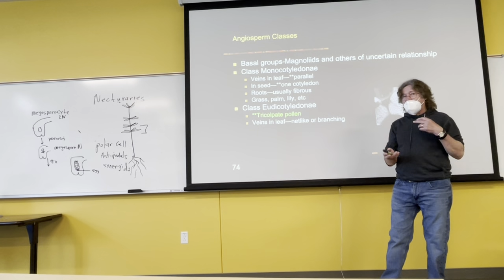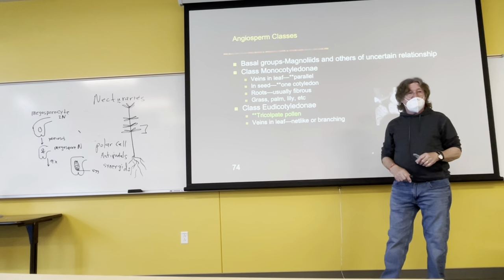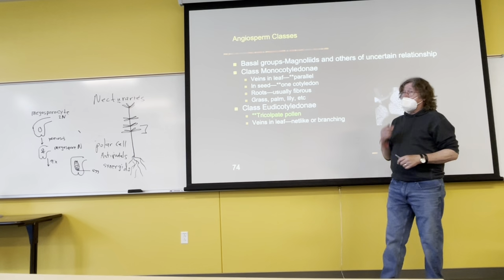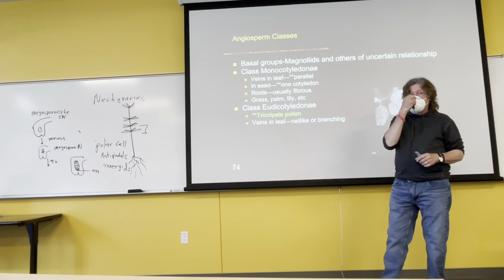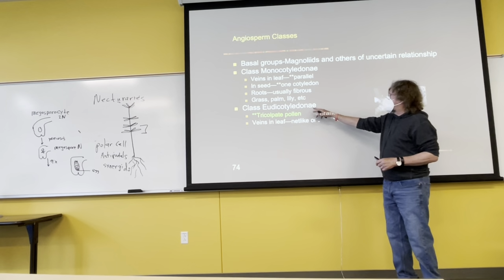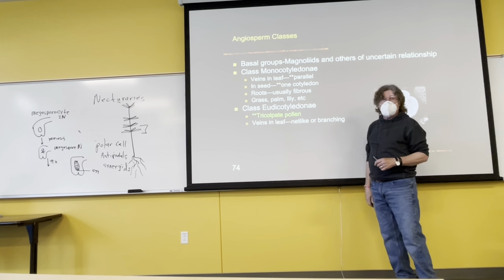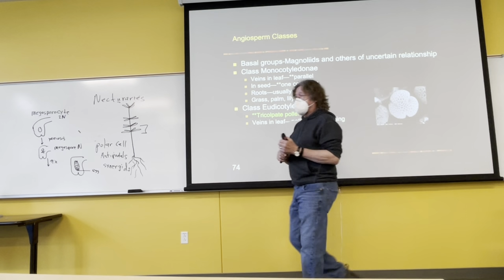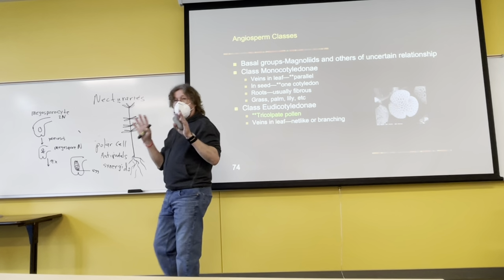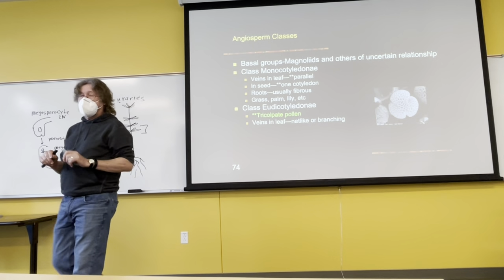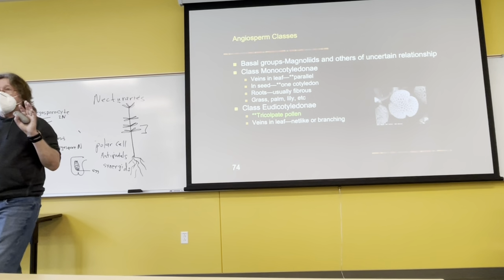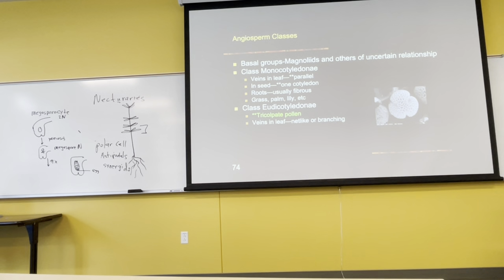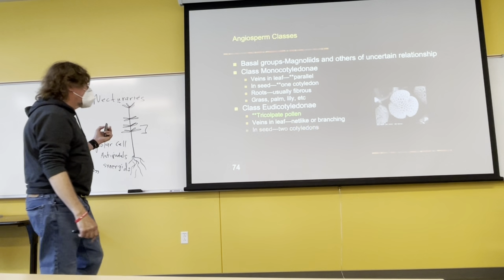So they might be paraphyletic. They are very unlikely to be monophyletic. But the other two are unrelated? These two are monophyletic. Okay, yes. So these are three different groups, one of which is probably paraphyletic. It's a small group, so we're not going to pay too much attention to it. But the monocots and the dicots, real huge groups, and they are monophyletic.